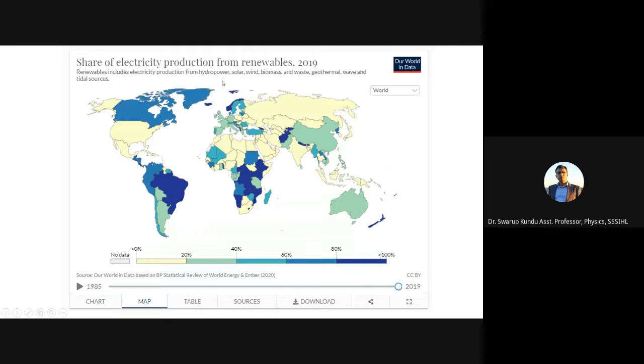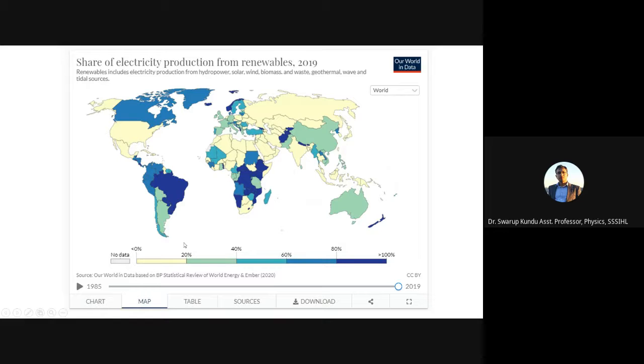And this is the share of electricity production from renewable energy across the globe. I'm just presenting the data to you. You can see here, this is the country, I think. Yeah, this is Brazil. The parts with dark blue are producing more renewable energy, so these countries depend more on renewable energy.